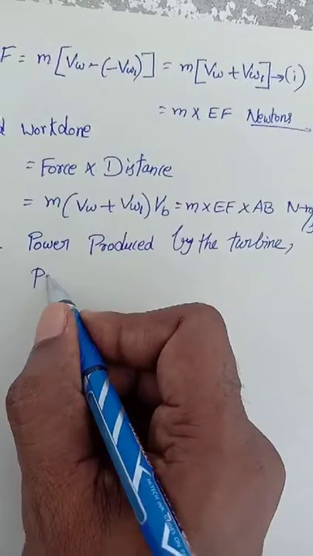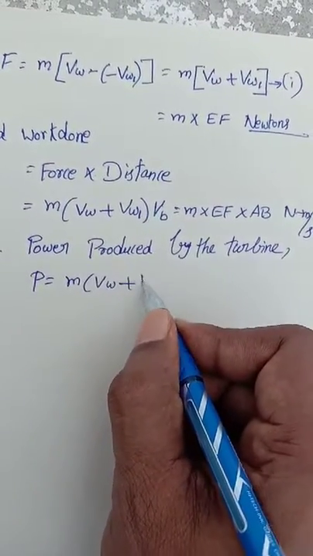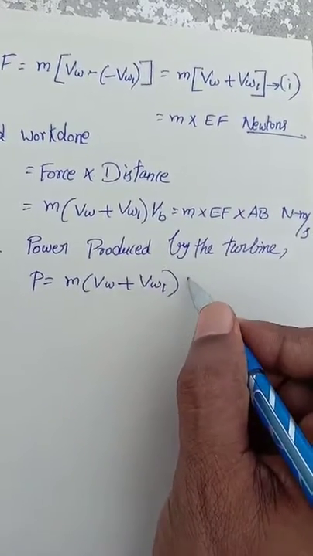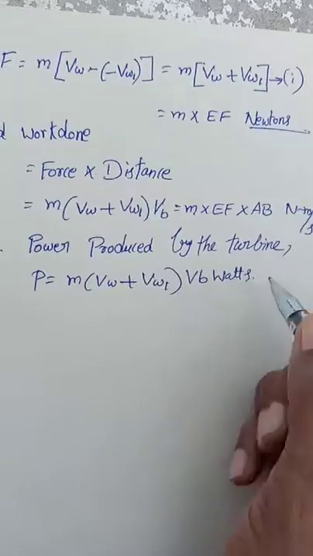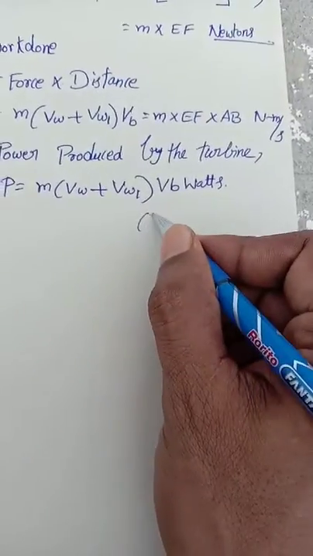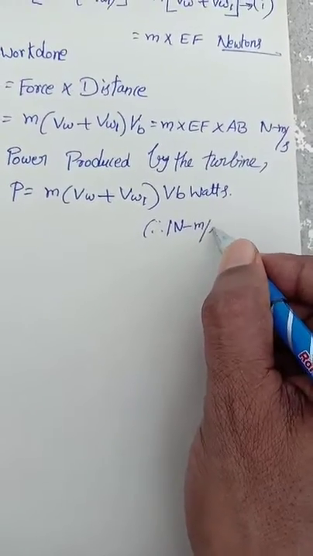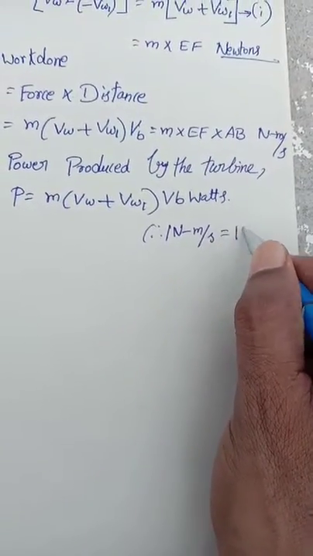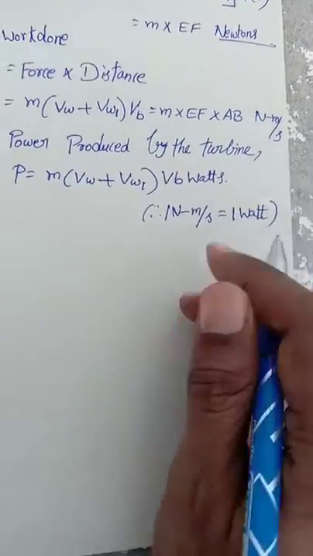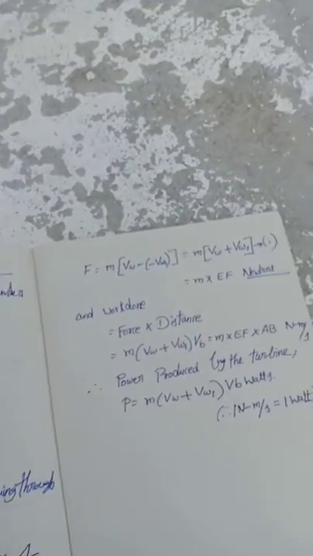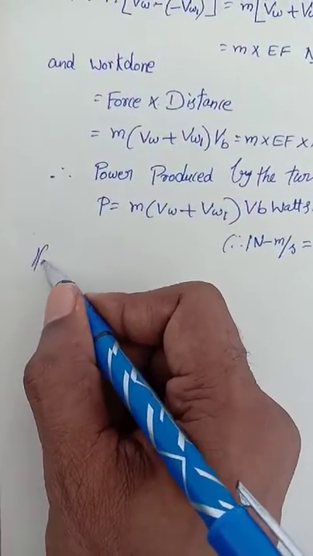So then P is equal to m into VW plus VW1 into VB. So this is coming in watts, since 1 Newton meter per second is equal to 1 watt.